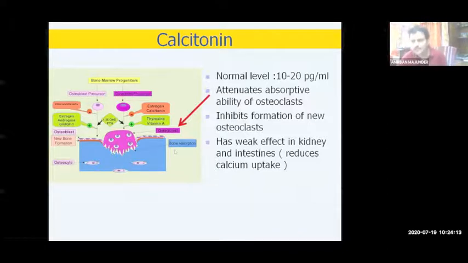Whatever it may be, its action is weak, and parathyroid hormone has a very strong influence as far as calcium and bone metabolism are concerned. The normal level of calcitonin is 10 to 20, and it has some effect at the level of the kidney and intestine as well, but mostly it has an influence at the level of the bone, inhibiting the osteoclast and therefore bone resorption.